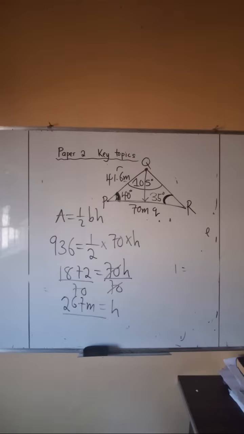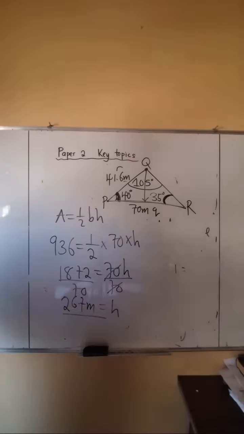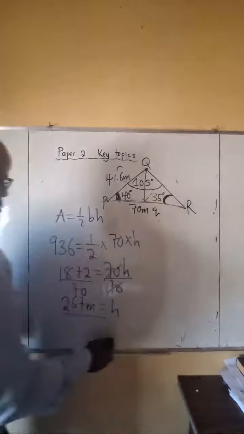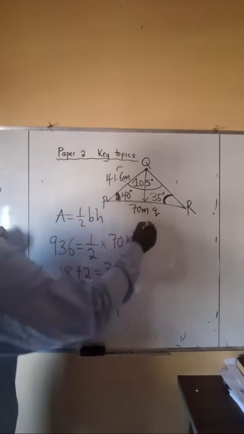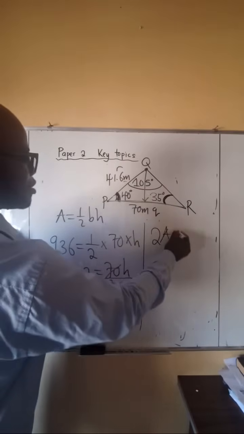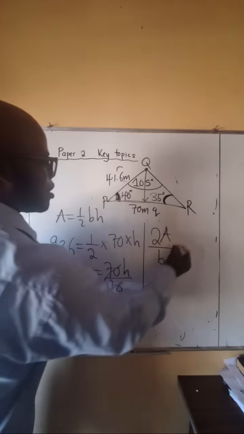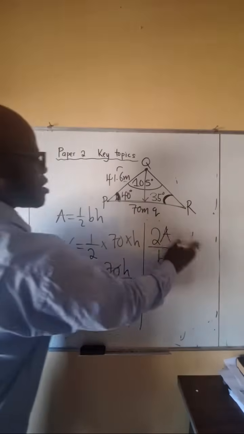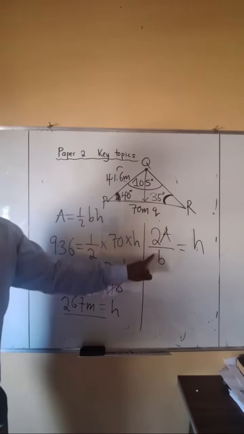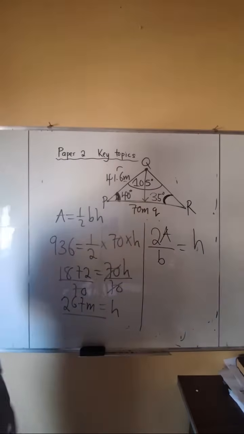Repeat on the shortest distance. All right, so on the shortest distance, let me show you something that will work out for you, if you don't want to mess up the calculations. Somebody's saying repeat. This is what you can do. Master this formula. Can you remember this formula? If you can remember this, then it's okay. 2a over b is equal to h. You solve for h.